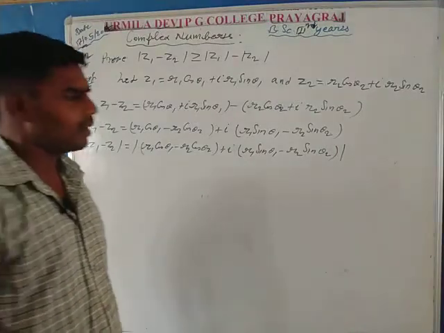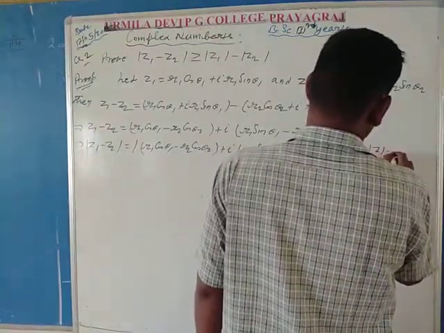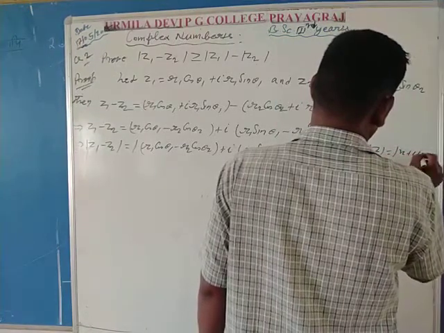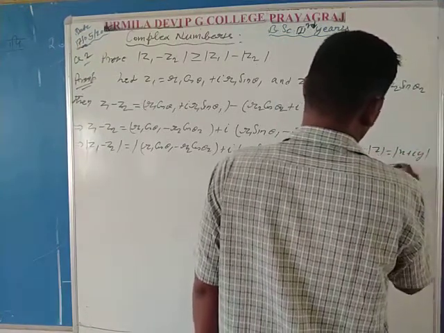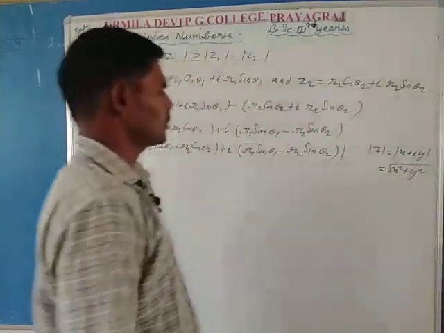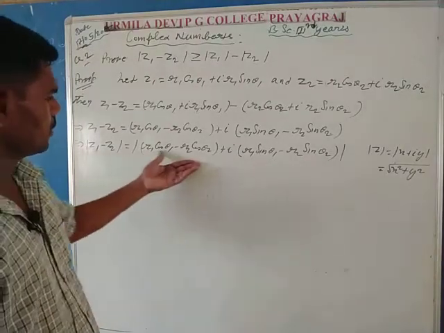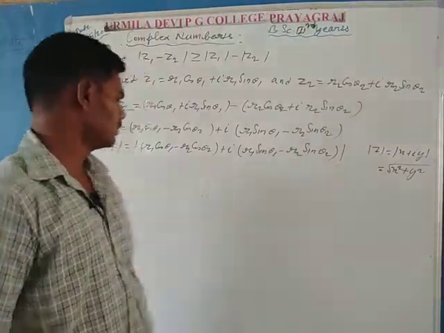By the rule of modulus of any complex number z equal to x plus I y, mod z is equal to under root of x square plus y square. So x is the real value and y is the imaginary value.